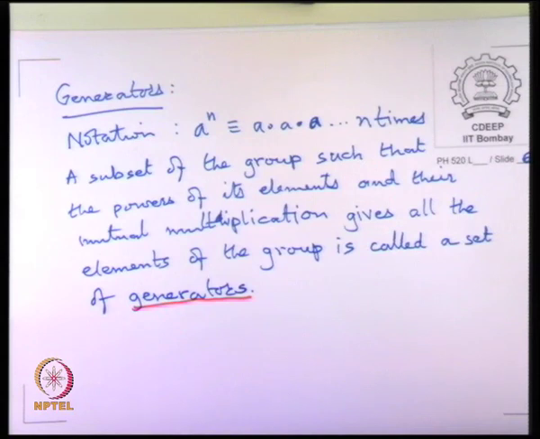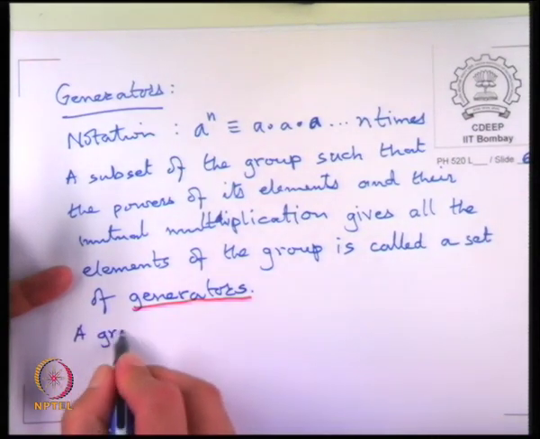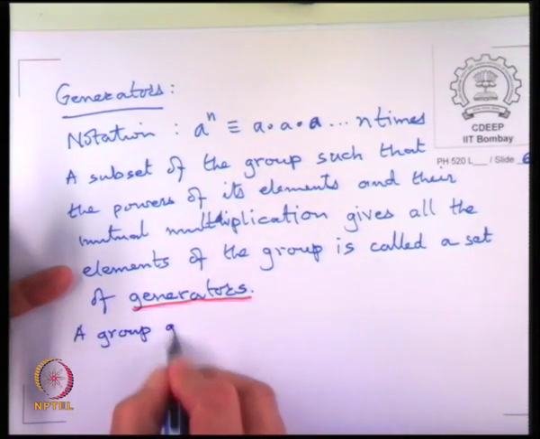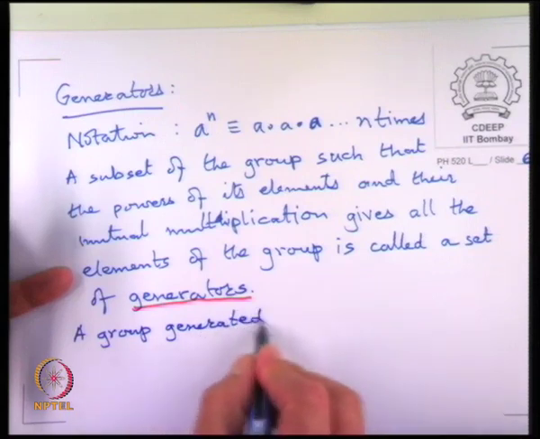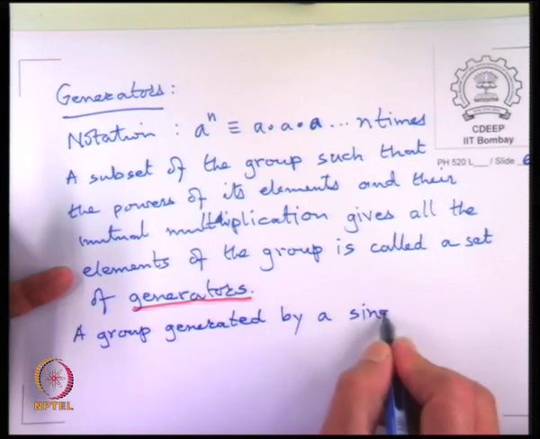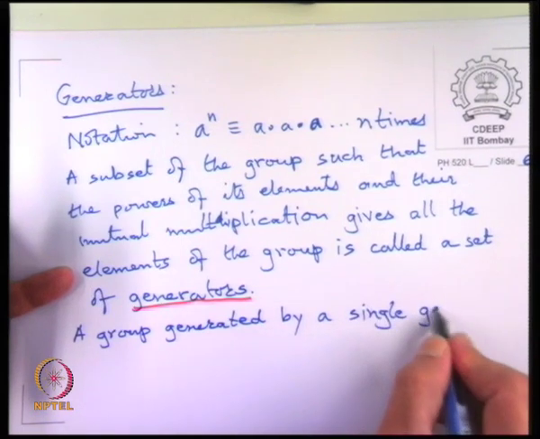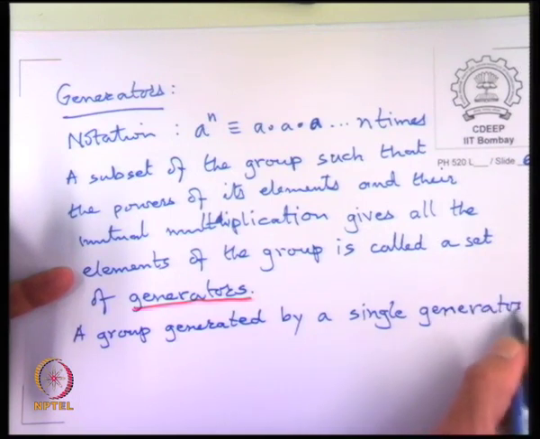The simplest case is when you have just one generator. A group generated by a single generator is called a cyclic group.